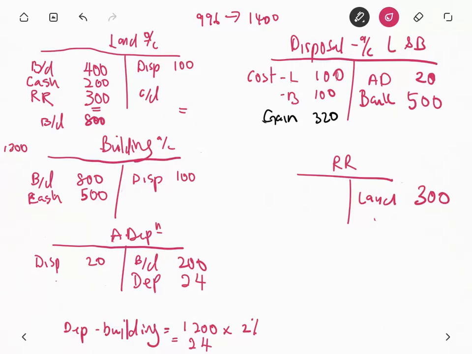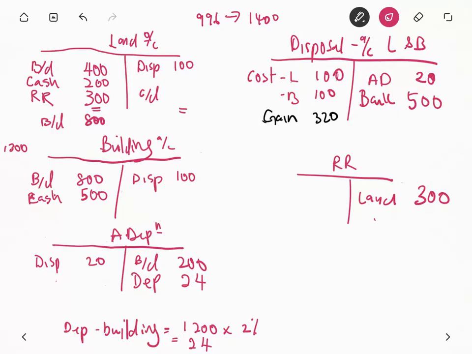Building, I want to revalue to how much? 1,400. I'm going to use method 1, 2 steps. So what is step 1? Debit accumulated depreciation. Remember, make it 0. How to make it 0? How much do I have here? 200 minus 20 plus 24.